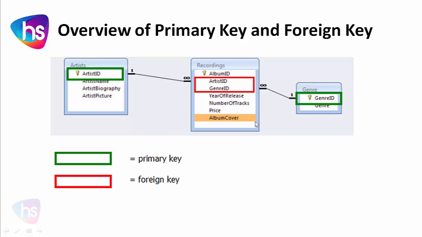In the recordings table, album ID is unique for this single album. If an album with that name is available, another album with the same name is not available. It is strongly unique. As you have seen, a movie with a title will not be released again with the same title.